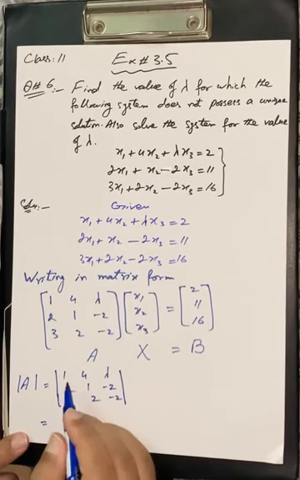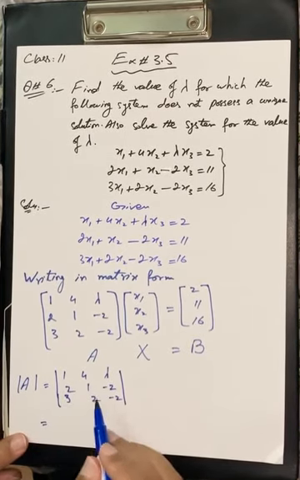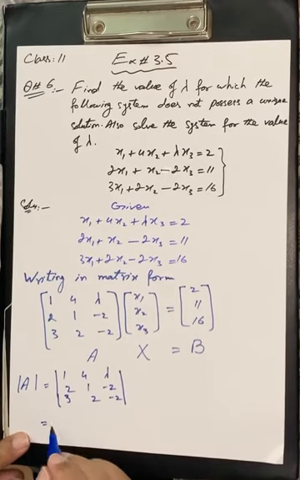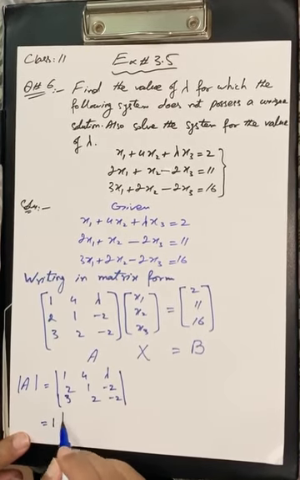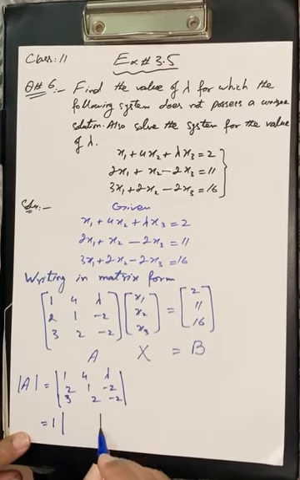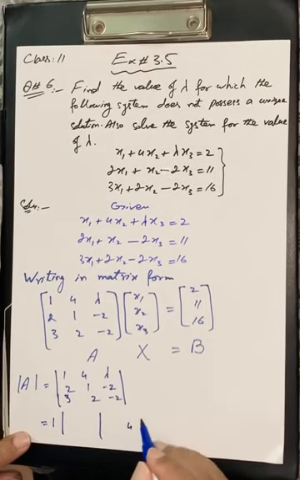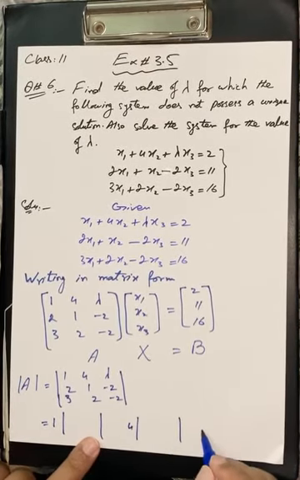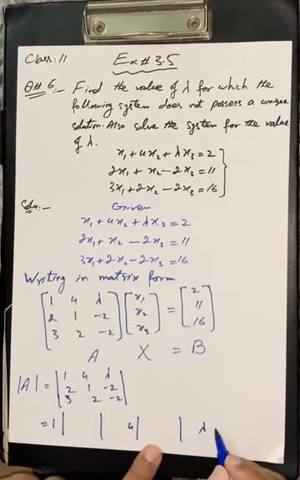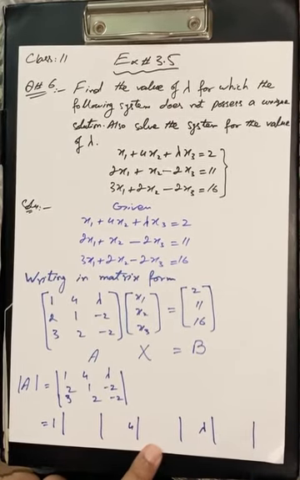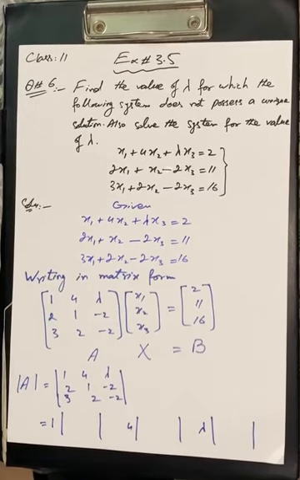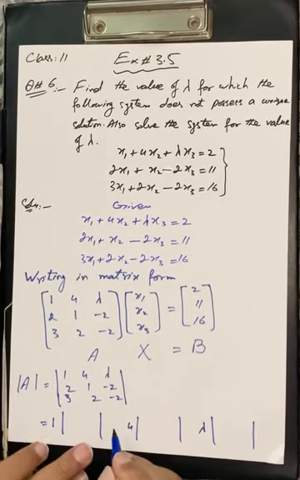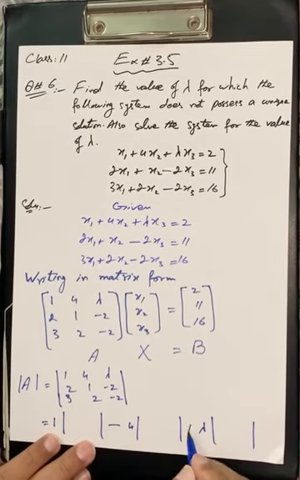As we know, we expand from the first row, each element. So 1 we write, after that 2 straight lines, 4 we write, after that 2 straight lines, then lambda we write, after that 2 straight lines. That is the procedure I already told all the students. First we write positive, then alternate signs, negative, then positive.